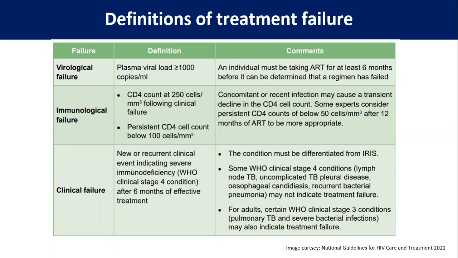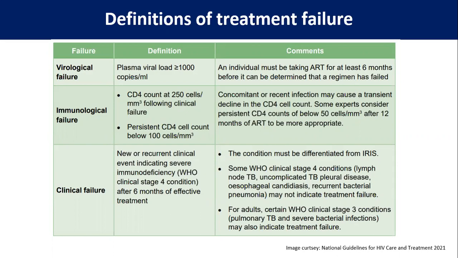Now, if we cannot prevent the immunological failure and virological failure, then ultimately, if we do not send the patient to SACEP early, clinical failure is presented by new or recurrent clinical events indicating severe immunodeficiency; there can be AIDS-defining illnesses. And here we need to remember that many stage 4 conditions may not indicate treatment failure, while some of the stage 3 conditions may indicate treatment failure.